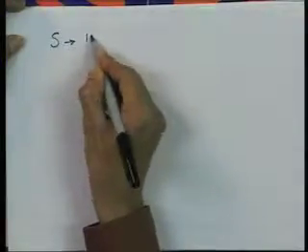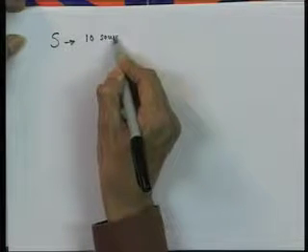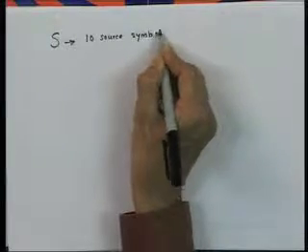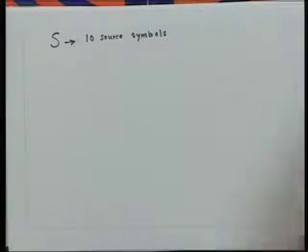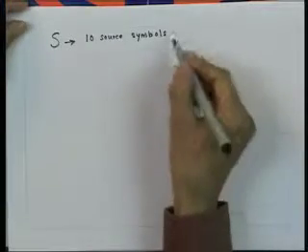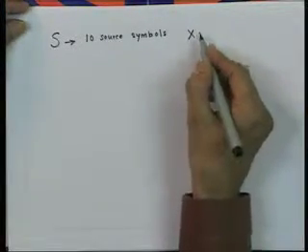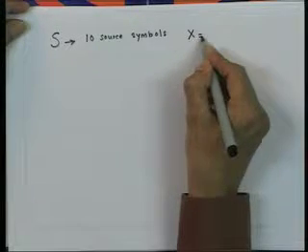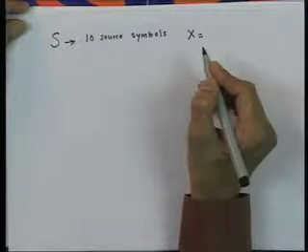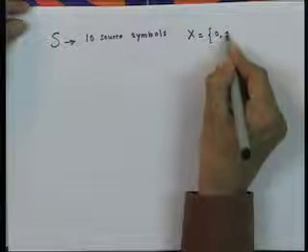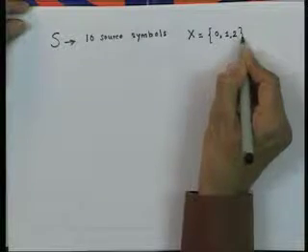Let us assume that I have a source consisting of 10 source symbols, and that these source symbols have to be coded using a code alphabet which is trinary in nature, so it has 3 symbols 0, 1, 2.